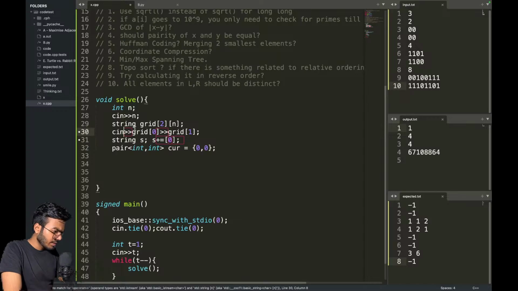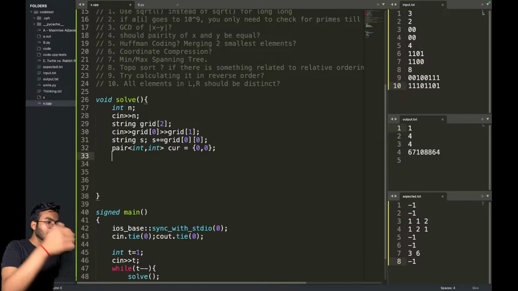And now why is this giving me error? I think this is because of this. Okay, so we have this now. S plus equals to, let's say, grid of 0 of 0. So I'm currently at this. Now I can either go down or I can go right. That is true.